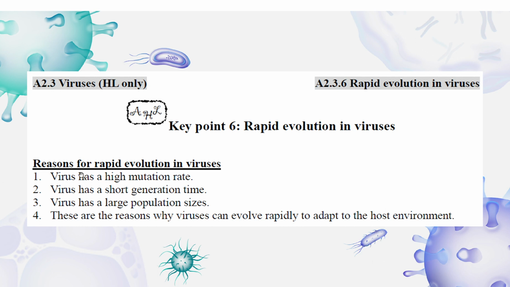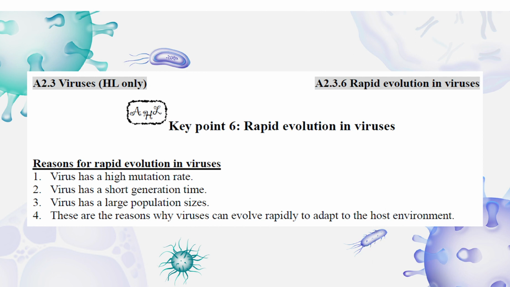First of all, why? Viruses have a high mutation rate. Why is it? Because first of all, some viruses use RNA. RNA is single strand, not double strand, very unstable, okay? So they can mutate very quickly. Also, viruses have a short generation time. Remember the lytic or lysogenic cycle?